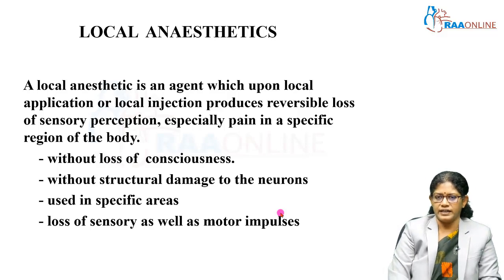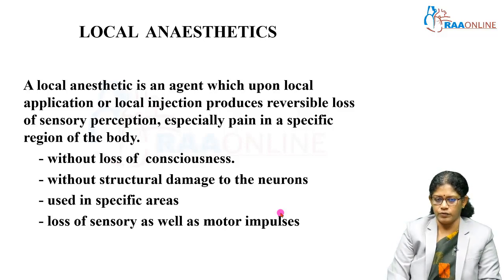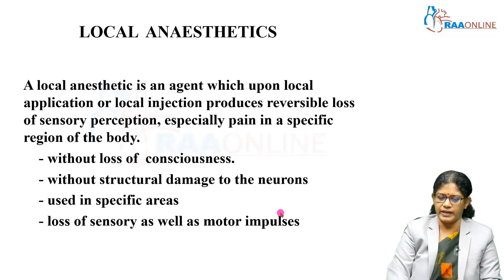A local anesthetic is an agent which upon local application or local injection produces reversible loss of sensory perception, especially pain, in a specific region of the body. The important things to remember are that it won't produce loss of consciousness, it won't produce any structural damage to the neurons, and it is used only in specific areas.